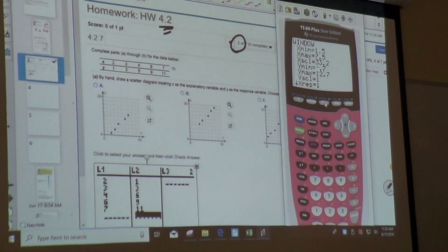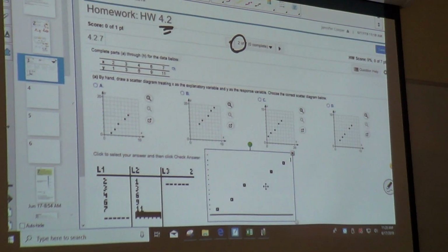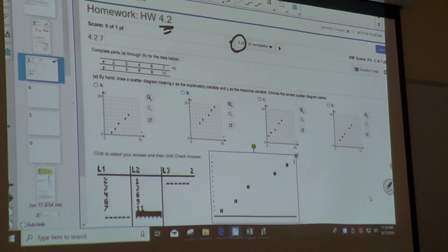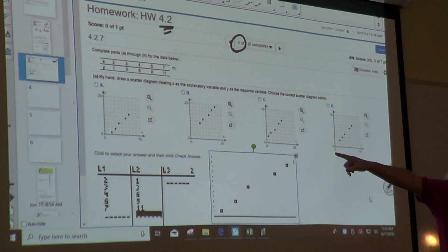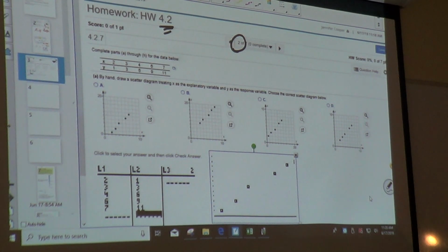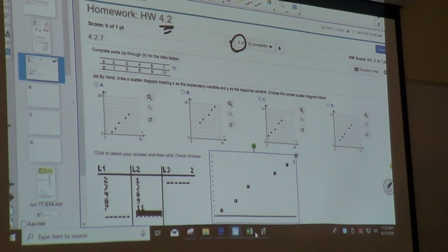Let me go zoom 9 again to see if there's exactly one that looks like it. Do y'all see one that looks like it? I think it's A. Are y'all with me? I'm going to double check that it's A, especially if this was a test question. I think it's A, but I'm going to double check my window.